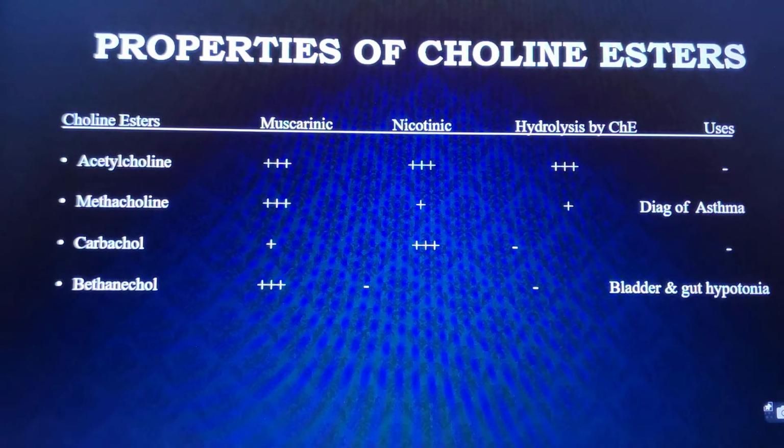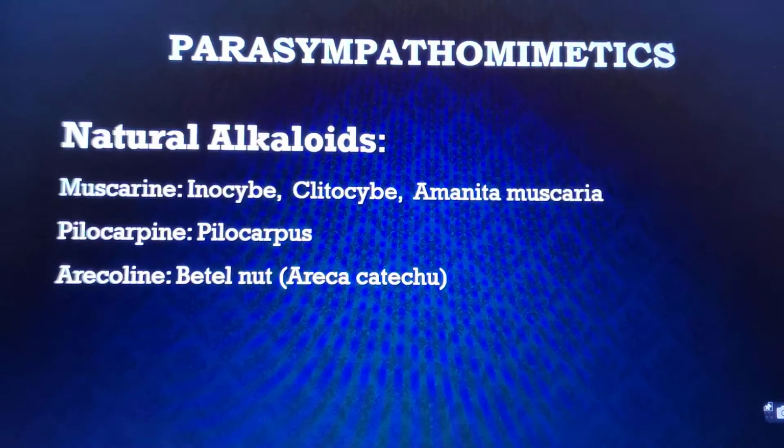Carbachol is also not a very popular drug in medicine nowadays because of its high nicotinic effect and a lot of side effects. Bethanechol has primarily muscarinic effect, without any nicotinic action, and it is not metabolized by the enzyme so quickly, so it is an effective drug. Earlier it was used for conditions like bladder and gut hypotonia, but nowadays, because better drugs are available, there is hardly any use of bethanechol.